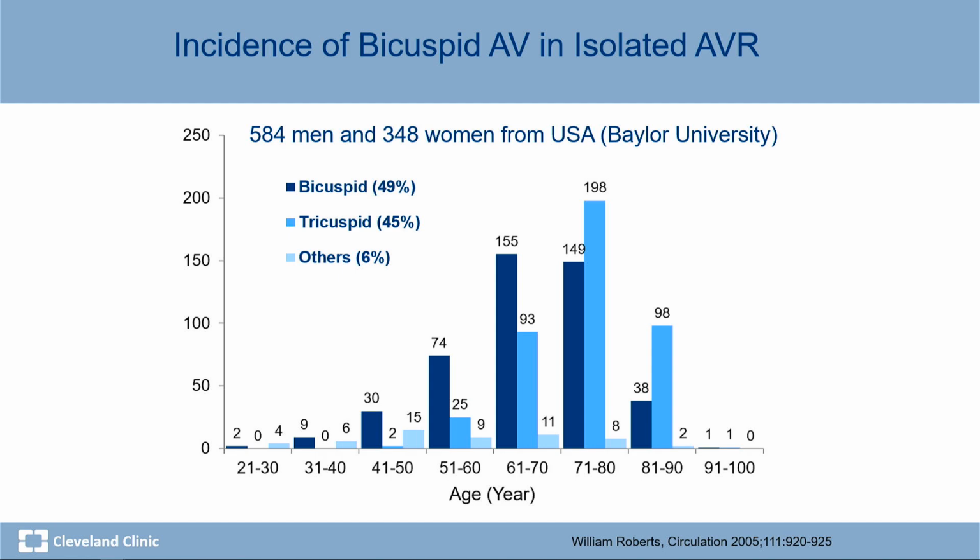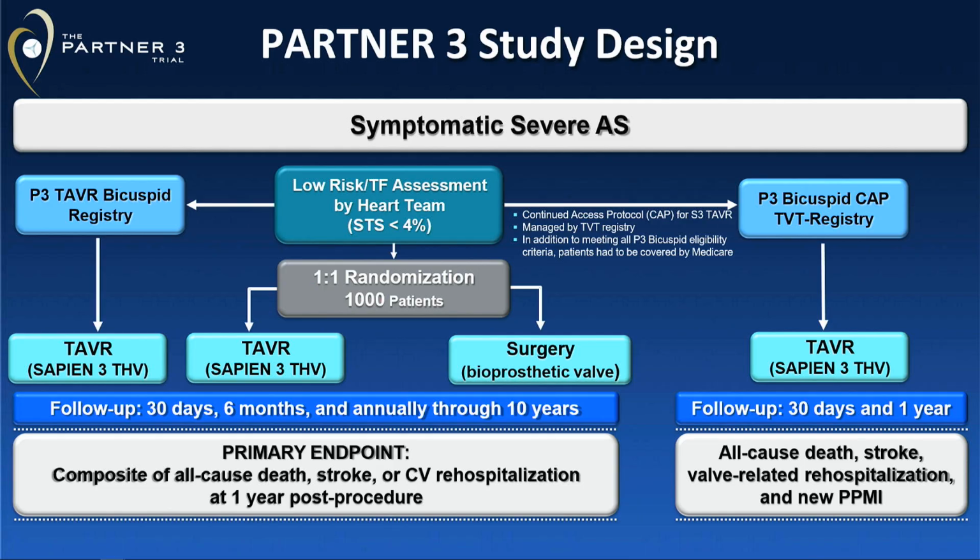Registries were available from both the PARTNER and Evolut trials, and this is how the FDA labeling for the bicuspid aortic valve has happened, where we are able to treat bicuspid aortic valve in older patients. But this does exist. So if you look at the PARTNER 3 trial, we have a P3 bicuspid TAVR registry.